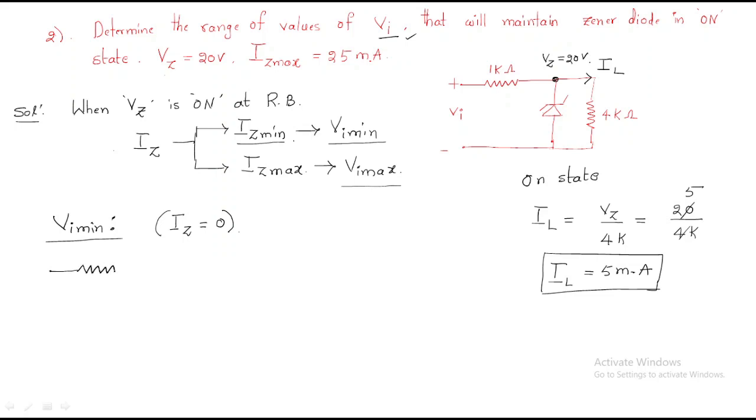redraw the circuit. This is 1 kilo ohm, right? The Zener will be on here, but the entering current will be 0, and the whole current will come to the load.